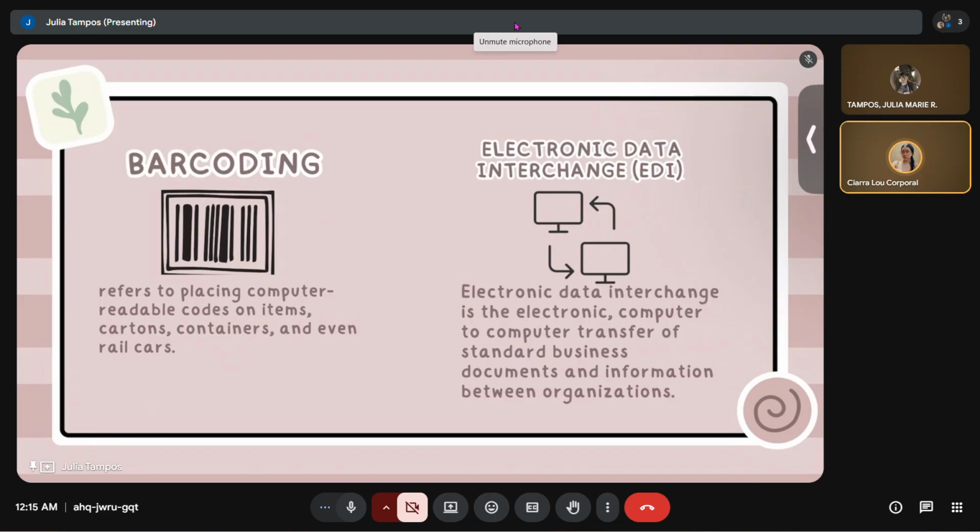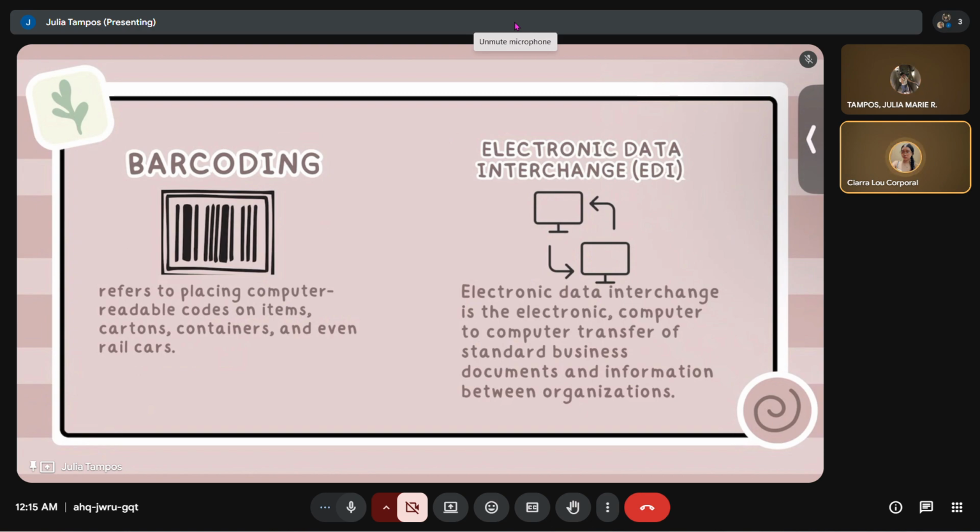For example, in a warehouse, workers can scan the barcode on a product to check its price, quantity, or location. And in supermarkets, scanning a barcode at checkout automatically shows the price. Next, we have electronic data interchange.